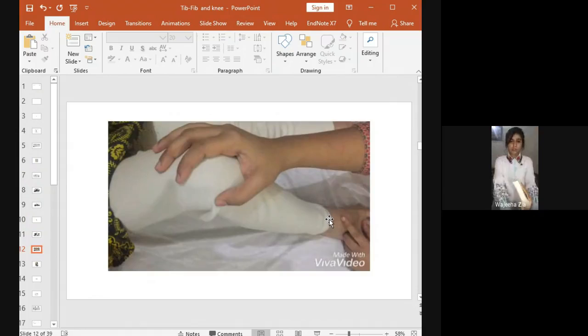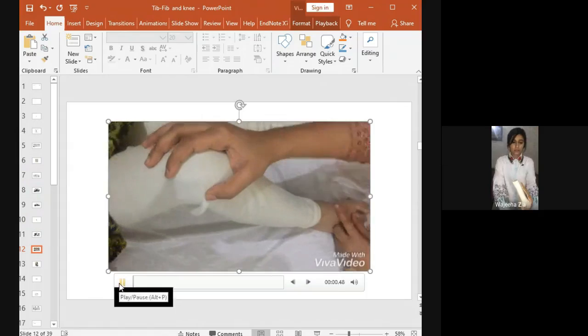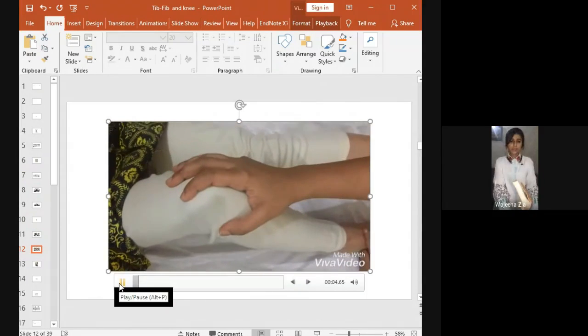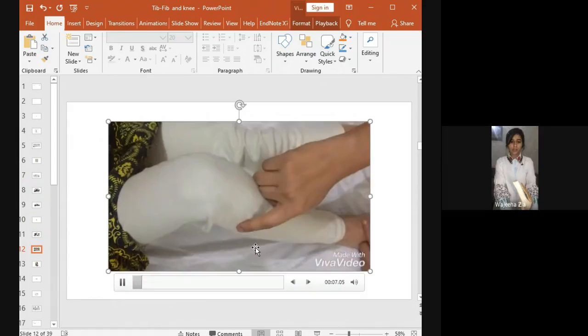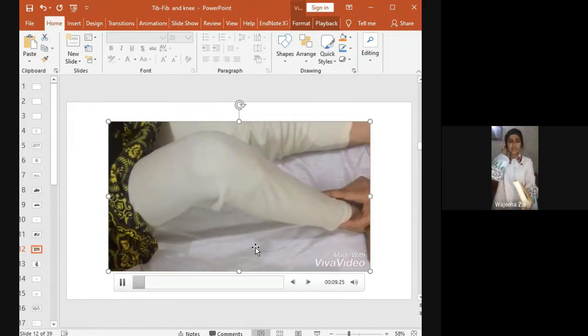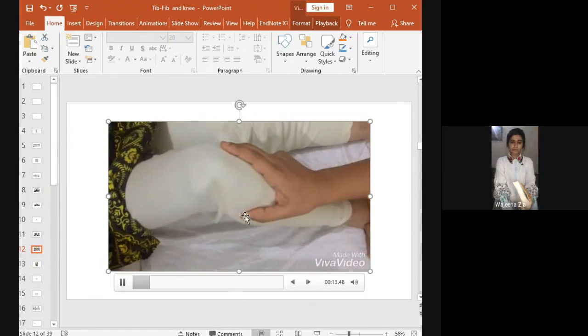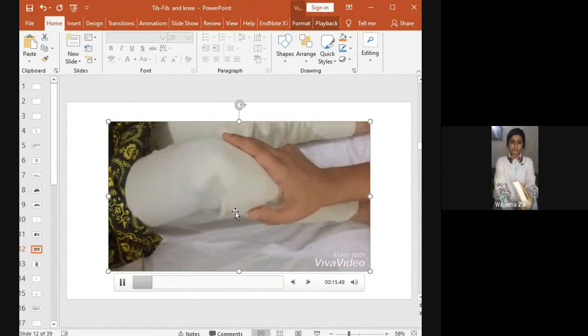Now you can see the practical demonstration. The patient is in the supine position, knee is semi-flexed, or you can also say that the patient is in crook lying position. This is the head of fibula.